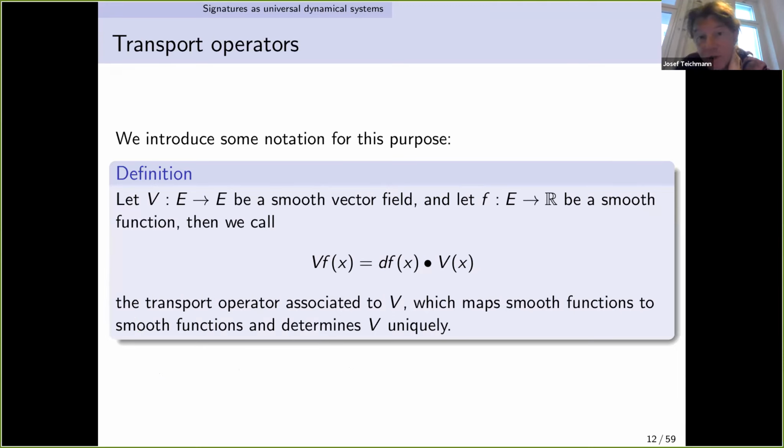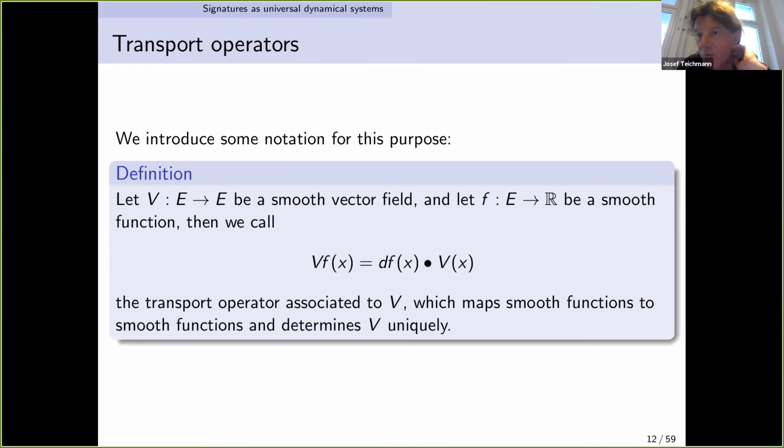First, we introduce a little bit of notation. For a vector field V, which we have here on this state space E, we introduce the so-called transport operator. And the transport operator is nothing else than taking the directional derivative of a test function in the direction of the vector field at the point X. So this is the transport operator associated to a vector field.